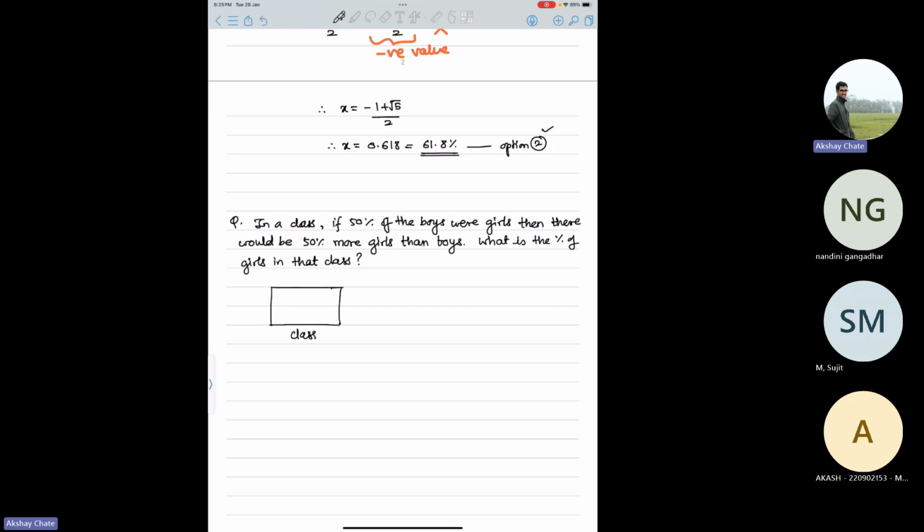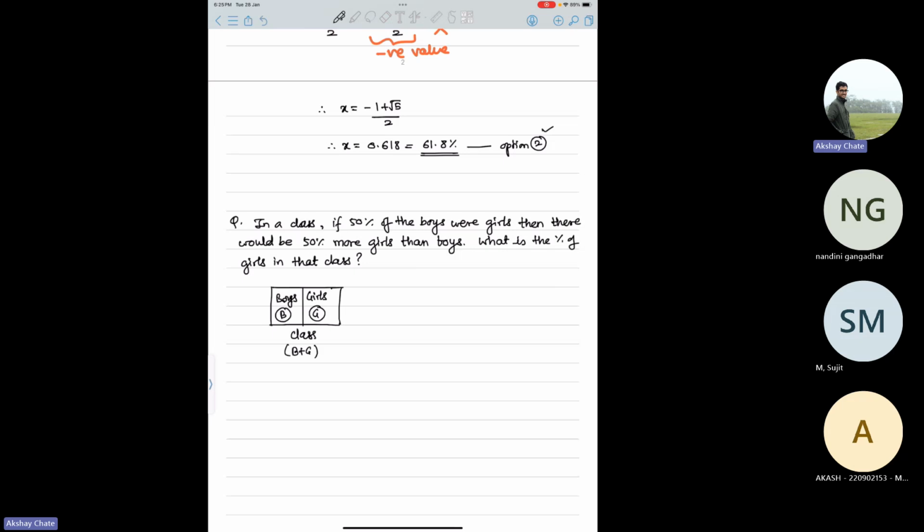So let's say this is the class, and in that class there are two categories, boys and girls. We don't know the percentage of them. So let's call this B and this G. So the total strength of the class is B plus G.